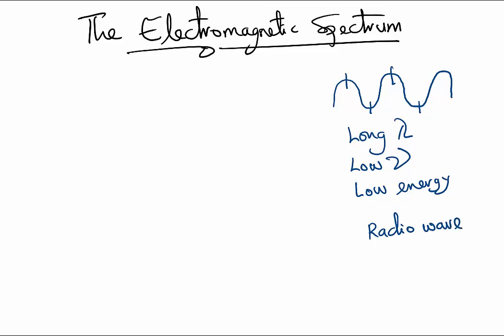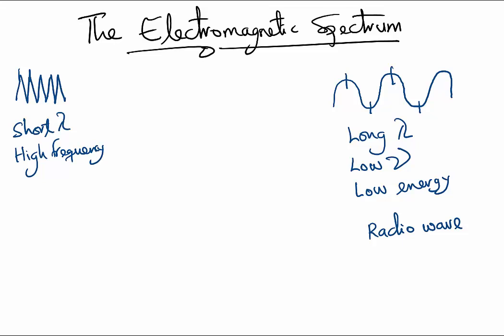On the other extreme end of the electromagnetic spectrum, if you have a wave in such a way that the wave crests are very close, which is another way of saying short wavelength or high frequency, which means the wave is coming very fast at you.